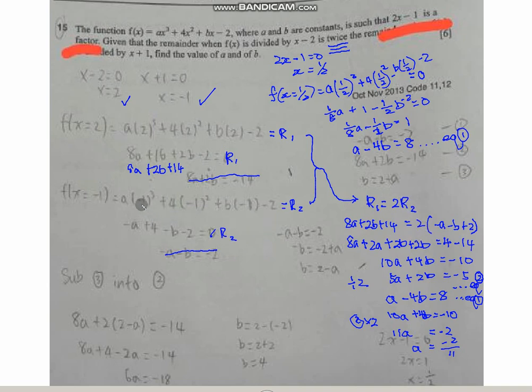This is minus 1 minus a, 4 is correct. This minus b, minus 2, plus 2. So that's the way, due to shortage of time.